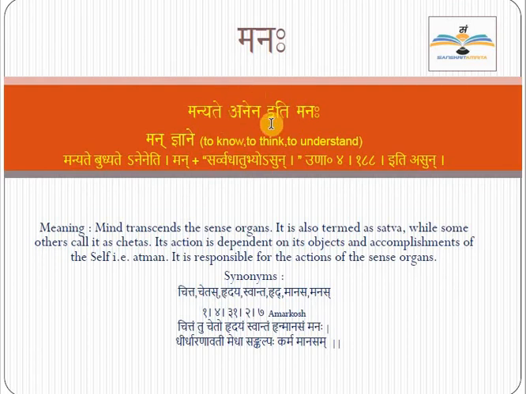Anena means by this. So mana is something by which something is understood, known or thought. Like this you can give the nirukti: manyate anena iti manaha, root verb man.